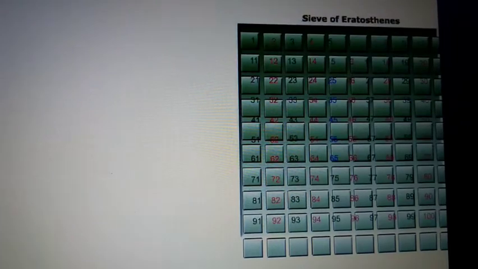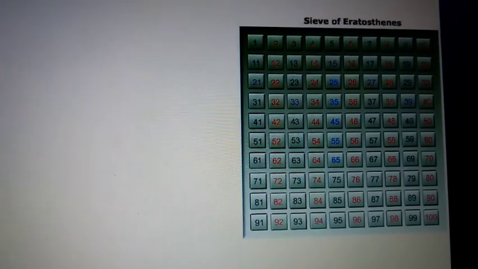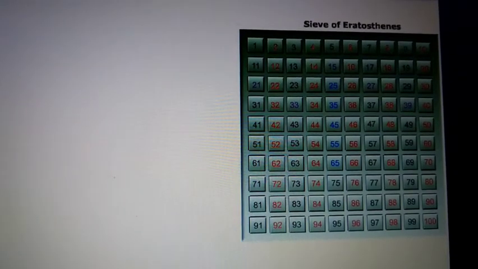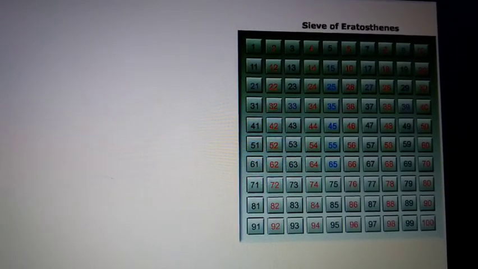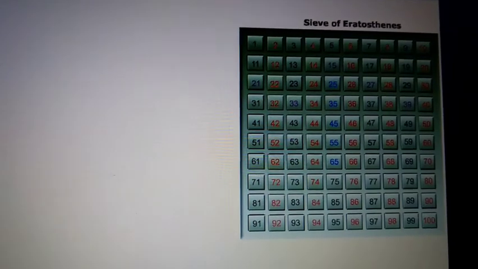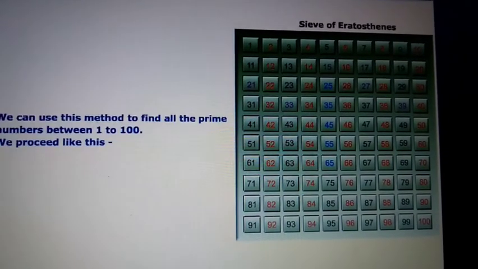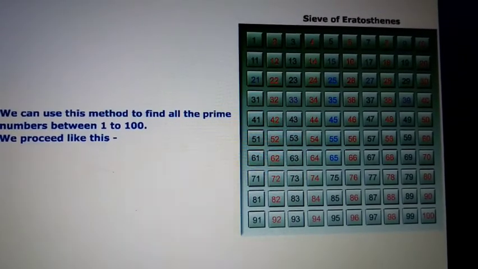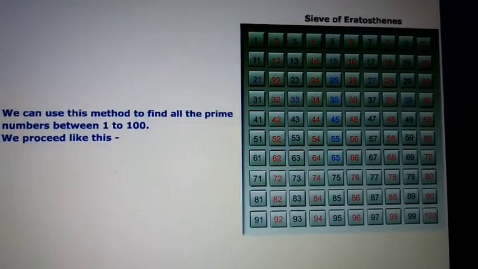A Greek mathematician in the 3rd century BC found a simple method for finding prime numbers. His name was Eratosthenes, and the method is called the sieve of Eratosthenes. We can use this method to find all the prime numbers between 1 and 100. We proceed like this.